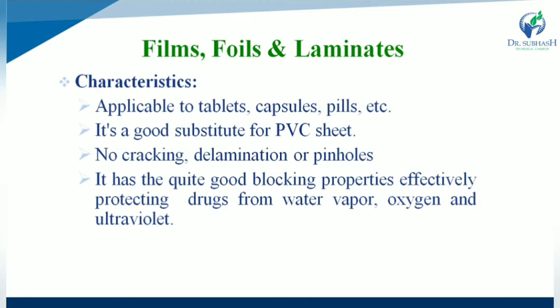They have no cracking, delamination, or pinholes. So it has quite good blocking properties. Effectively, they protect a drug from water vapor, oxygen, as well as ultraviolet. So all are the characteristics of film, foil, and laminate.